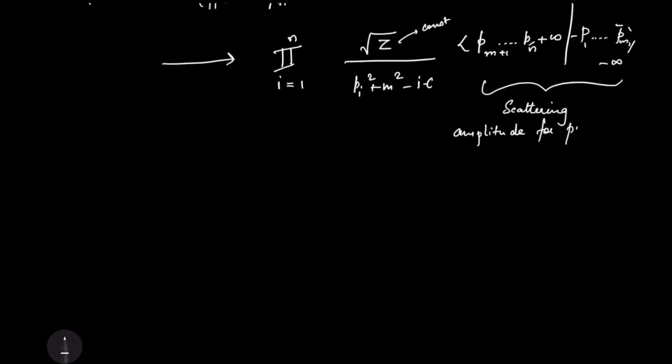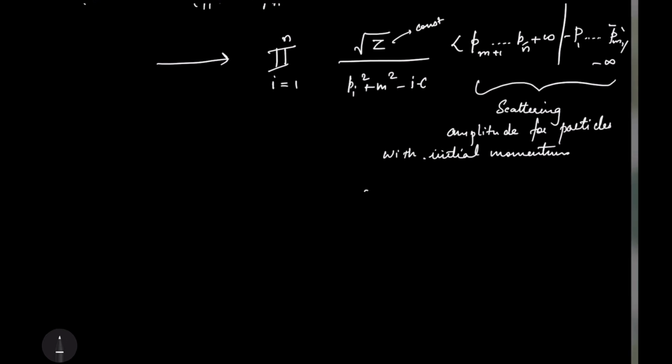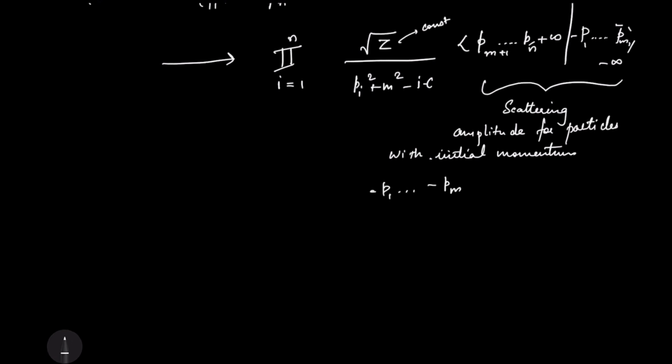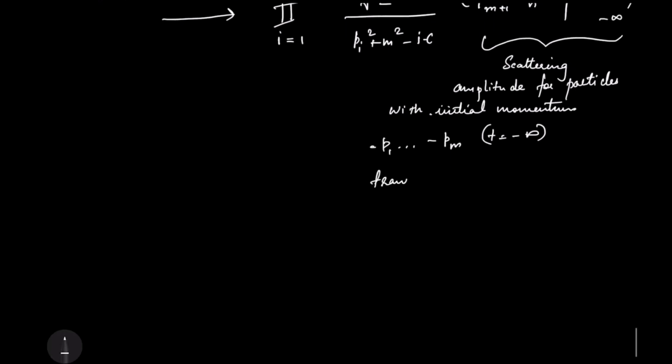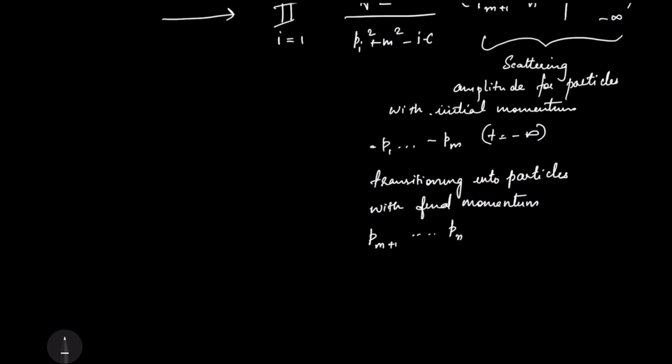This is known as the scattering amplitude for particles with initial momentum minus p1 up to minus pm at time t equal to minus infinity, transitioning into particles with final momentum p_{m+1} to pn at time t equal to plus infinity.